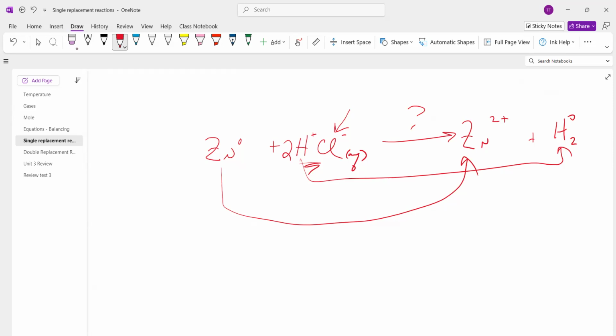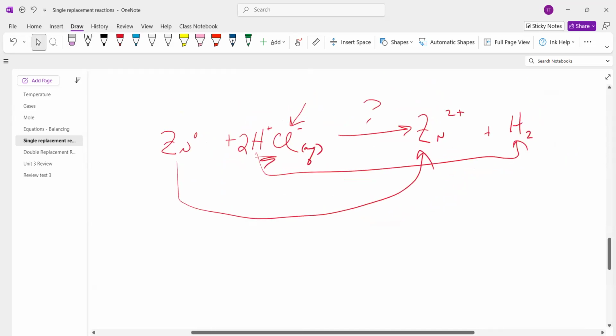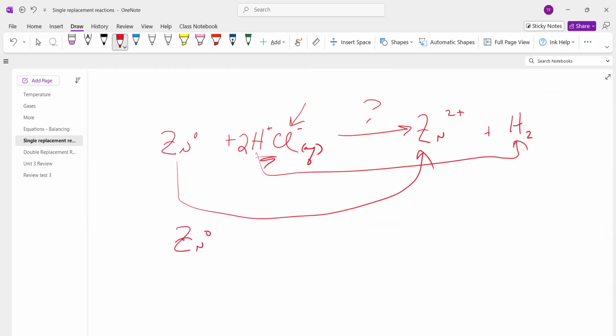So let's write the half reactions here. We have zinc. It loses 2 electrons because +2 means it loses 2 electrons. So that's the oxidation.